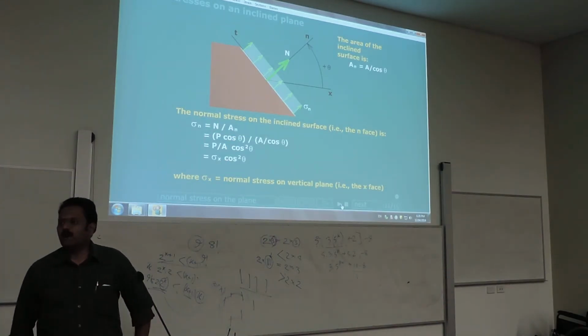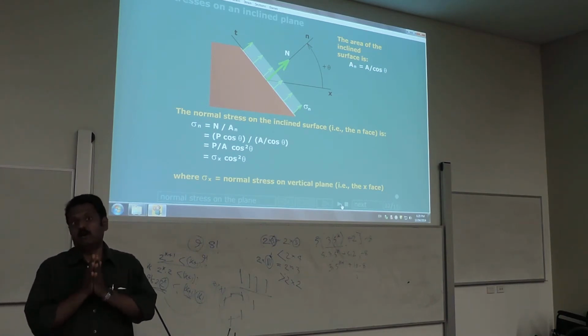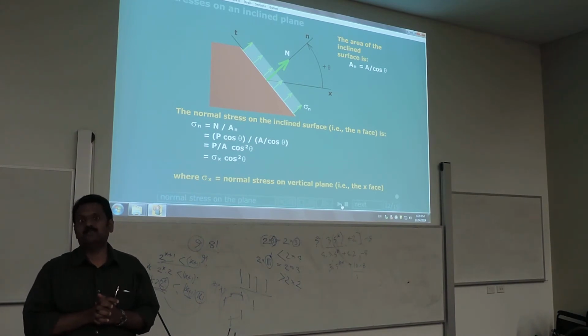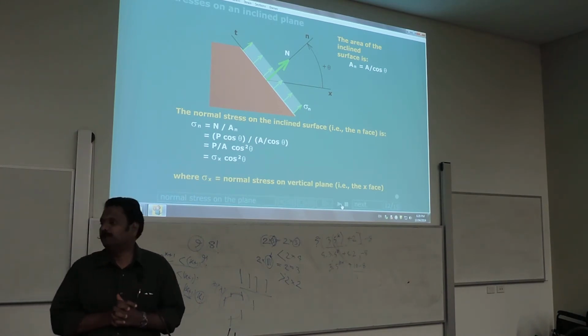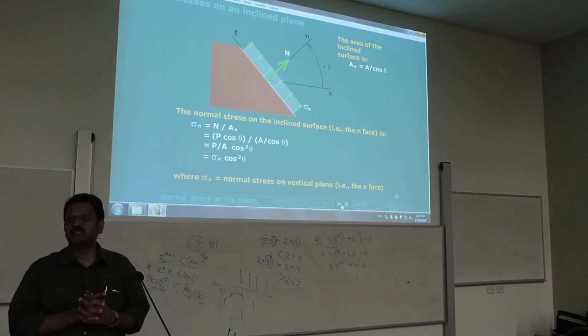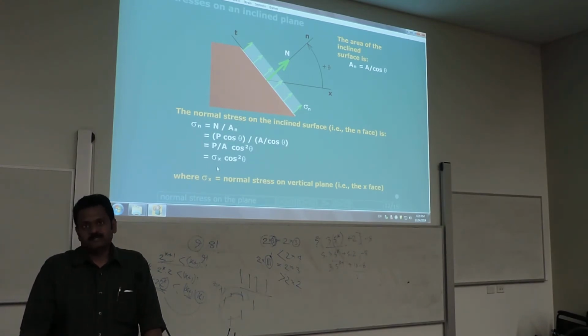We now try to use the force and the change in the cross section of this new plane to calculate the stresses in those respective directions. We begin by first calculating the normal stress, which is simply given by the force component in that direction divided by the cross section of the plane, and it is possible to reduce that expression to sigma x cos square theta.